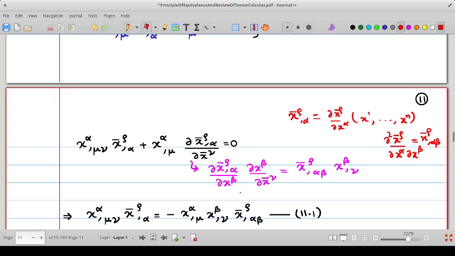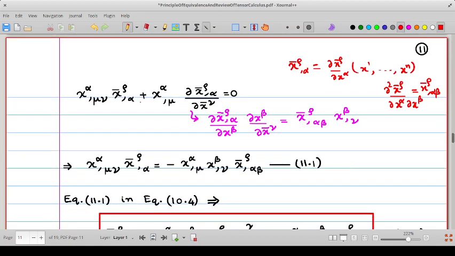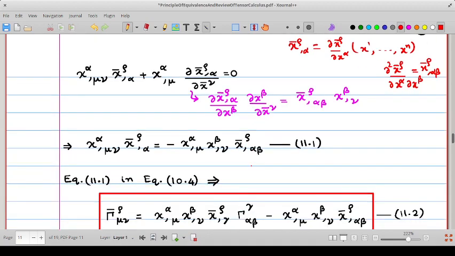And this expression can now be written as x bar rho comma alpha beta times x beta comma nu, because this quantity is x beta comma nu. So this equation can now be written as, by taking the second term to the right hand side, x alpha comma mu nu x bar rho comma alpha equal to minus x alpha comma mu, then this quantity, which is x beta comma nu and x bar rho comma alpha beta.